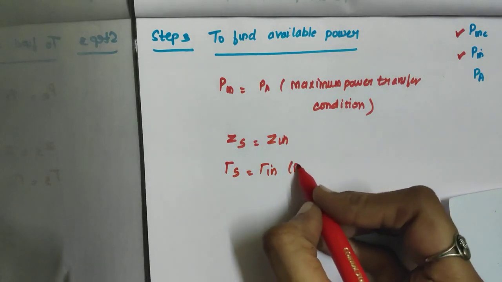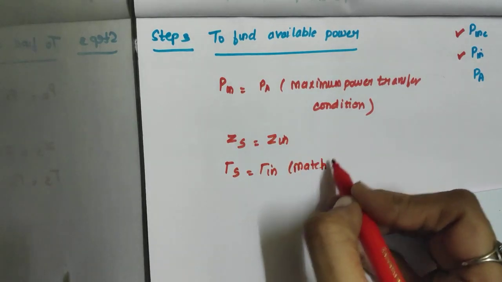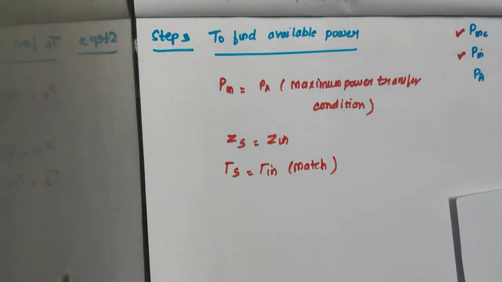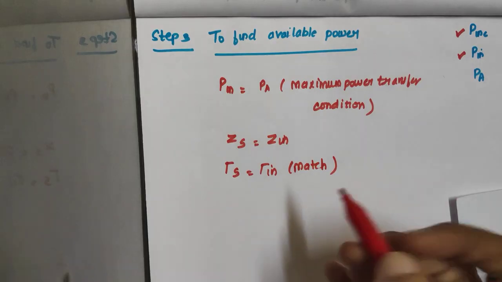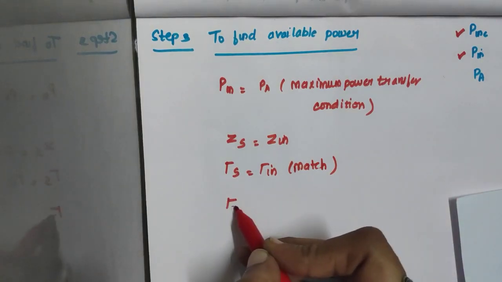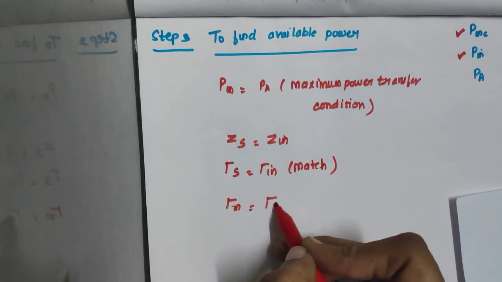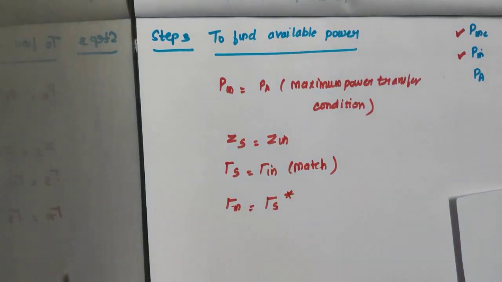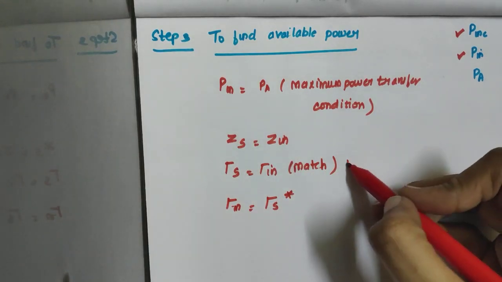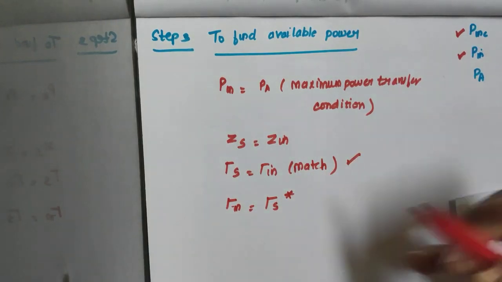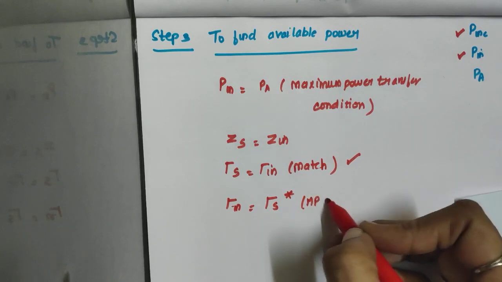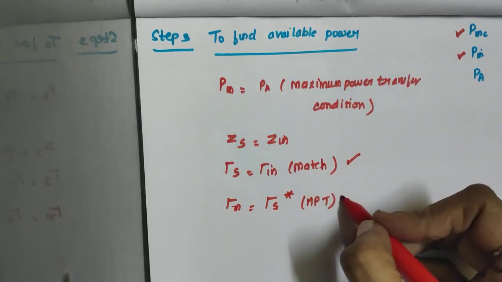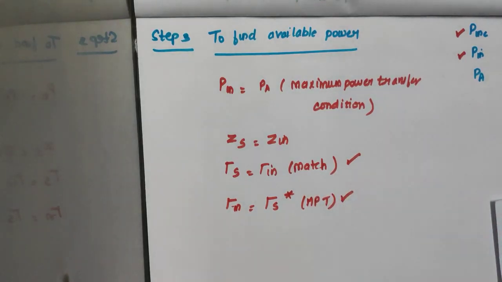So when tau s is equal to tau in, we will say that the two terminals are matched to each other. And as per the maximum power transfer theorem, the input impedance must be a complex conjugate of the impedance to which I am matching. So we can write tau in equal to tau s by matching condition. Also by the maximum power transfer theorem, we can ensure that tau in will be equal to tau s conjugate.